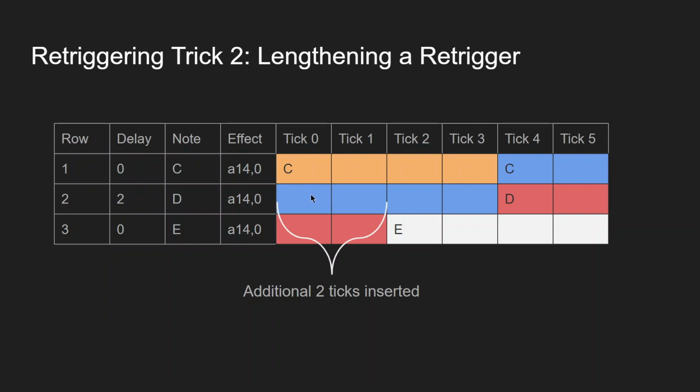So these 2 ticks are where the delay is allocated. And then we carry on as we would have done before. We started the C and we had 2 ticks up here, and we're retriggering every 4 ticks. That means we've still got an extra 2 ticks to go. So that's these final 2 here, and then these are the extra 2 inserted by the delay. So we end up with a total of 6 ticks. And then we just carry on retriggering every 4 ticks.